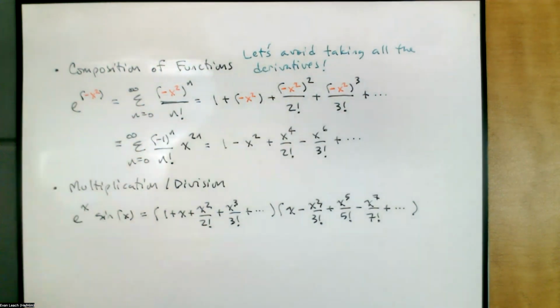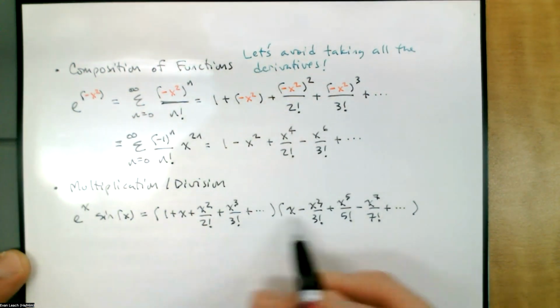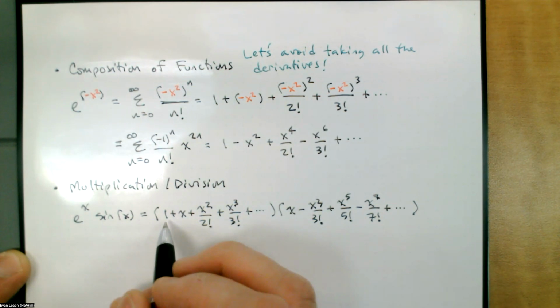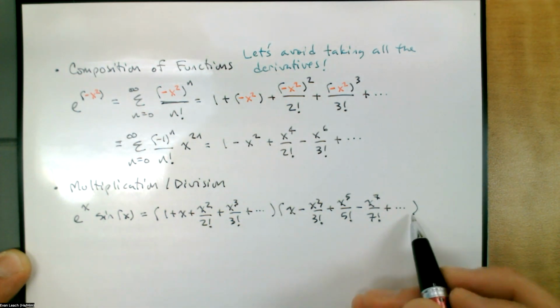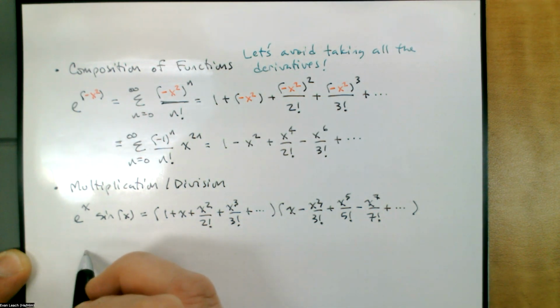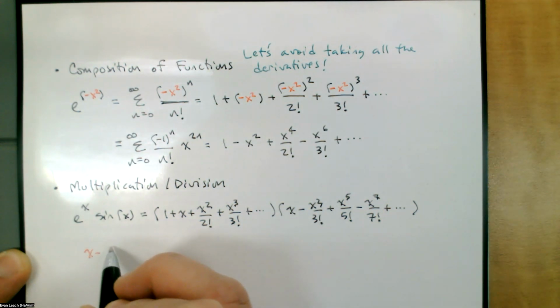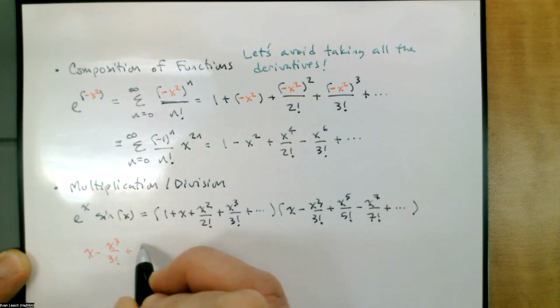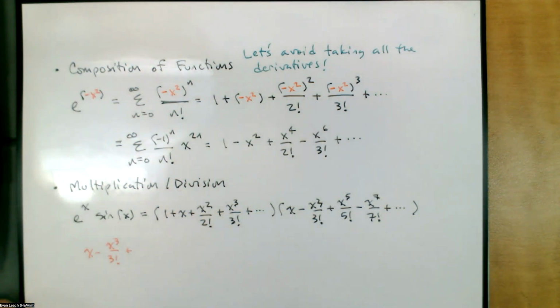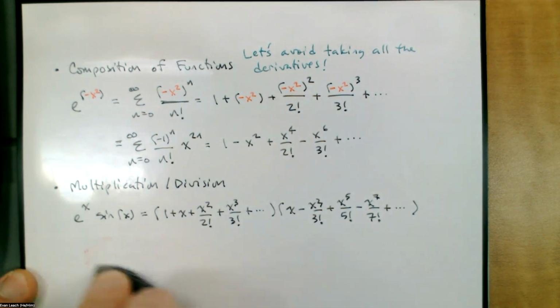This is just a question of keeping track of stuff. I'm going to multiply everything by 1. So 1 times everything in the sine x is going to give us x minus x cubed over 3 factorial, plus, oops, I'm going to end up with some odd powers.